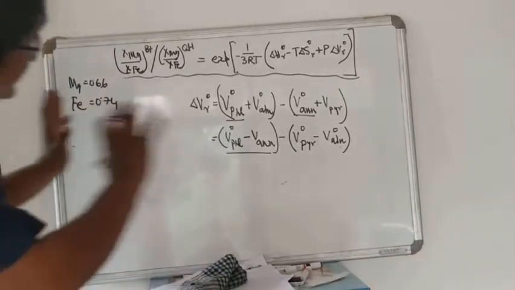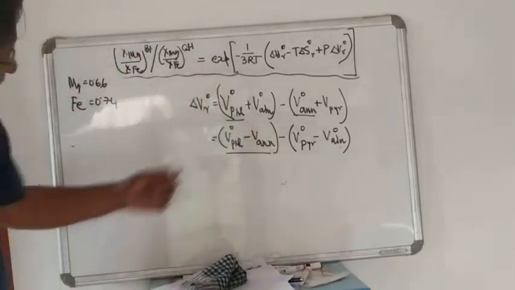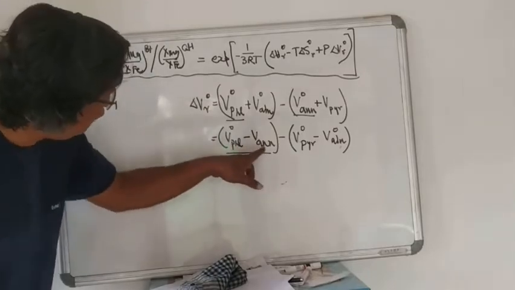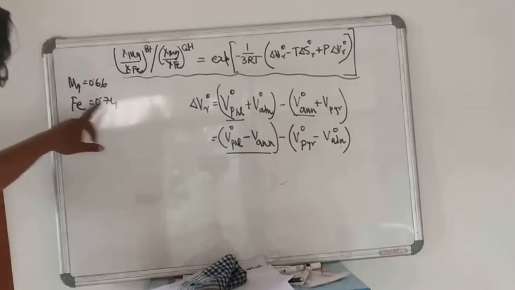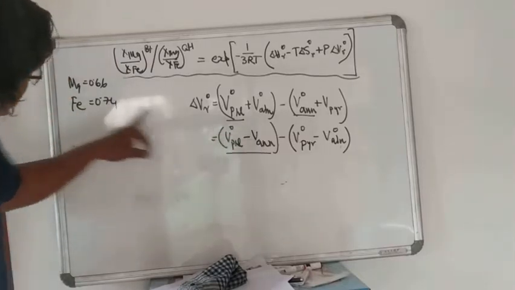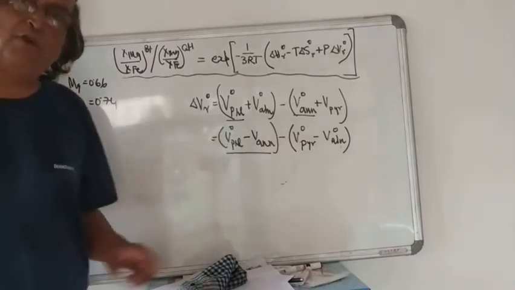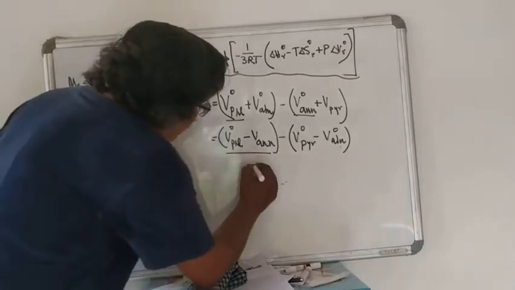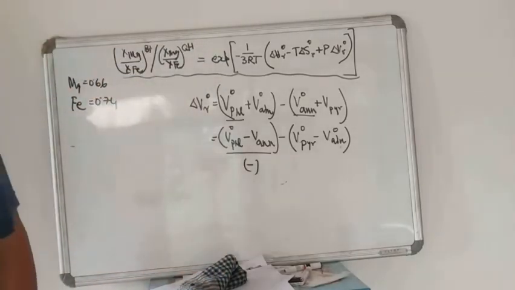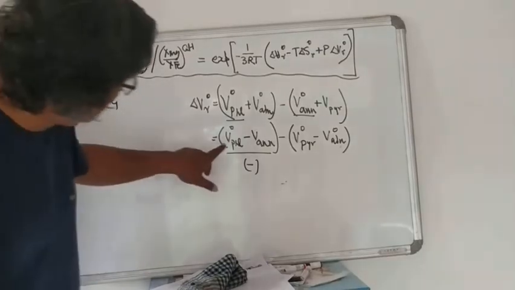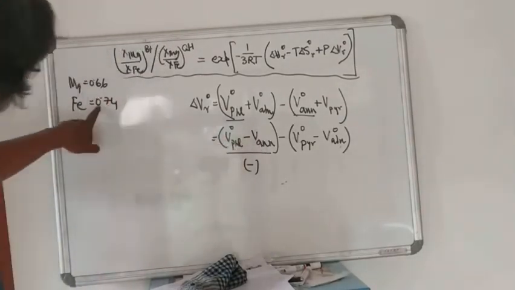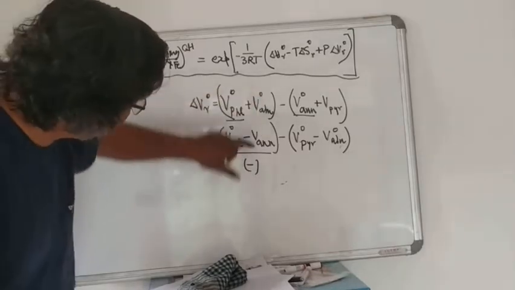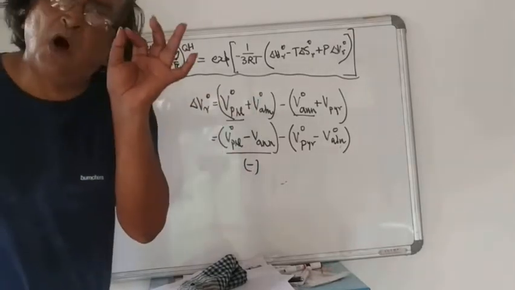So if we take this to the molar volume, then the volume of annite should be slightly higher than the volume of phlogopite. Then this term is a small negative. Yes or no? Volume of phlogopite, this is small, minus volume of annite, this is larger. So if you take the difference, this will be a small negative value.